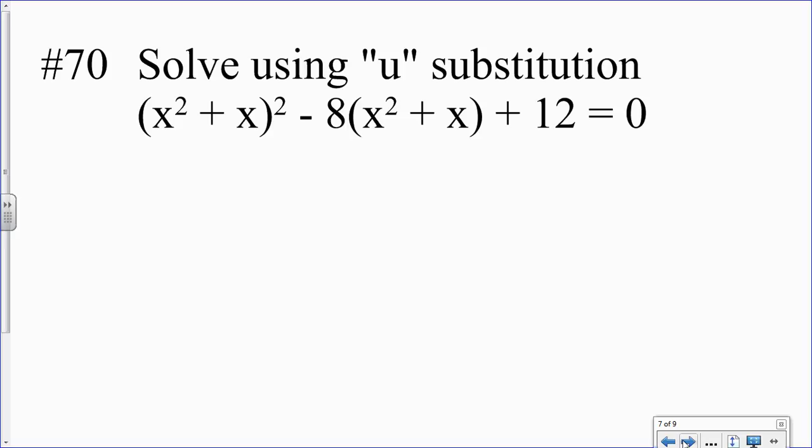I want u to be the middle. I want u to be this whole thing here. So it's quadratic form because then u squared would be x squared plus x squared, which is what your first term is.